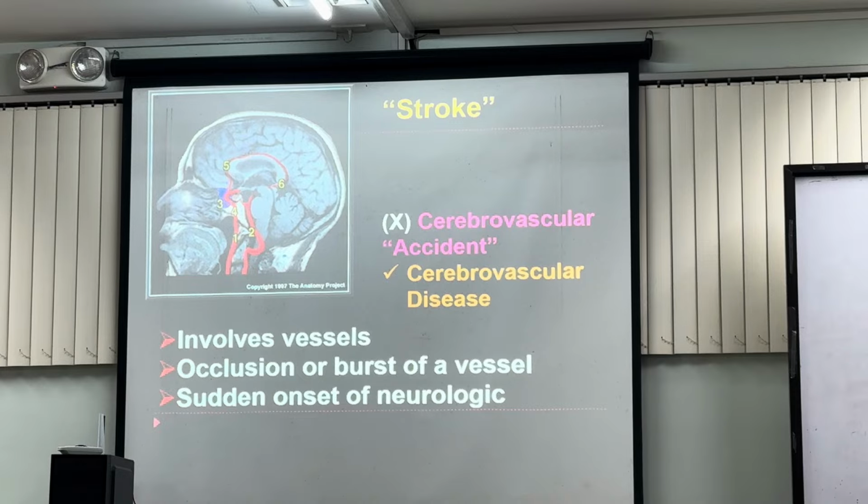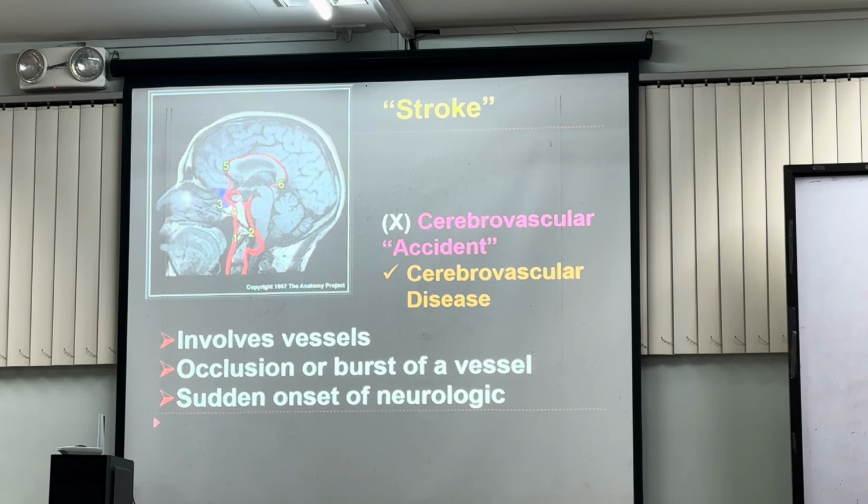Or the vessel gets ruptured. So you have extravasation of the blood. So you form a hematoma there, just like when you get a bruise. It depends. If it ruptures into the parenchyma, you have a hematoma. Or if it ruptures into the subarachnoid space, you will not see a hematoma, but you will see blood in the subarachnoid space.